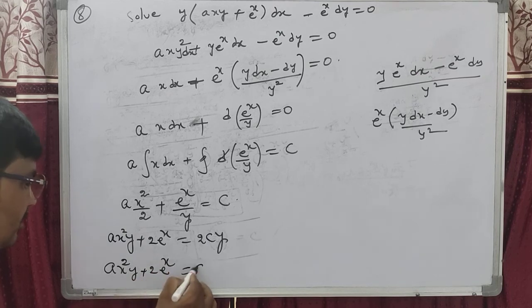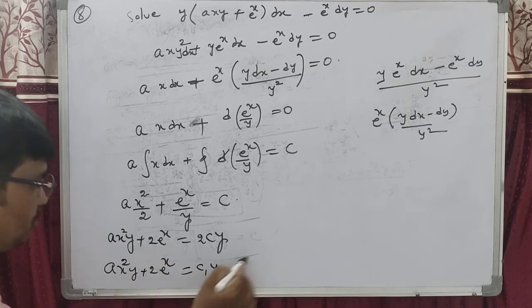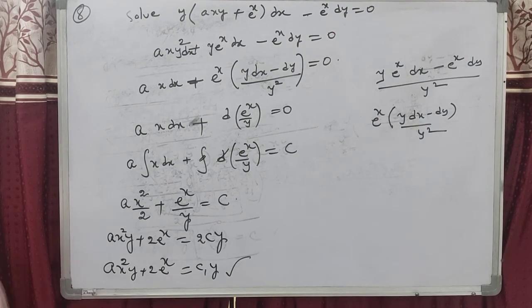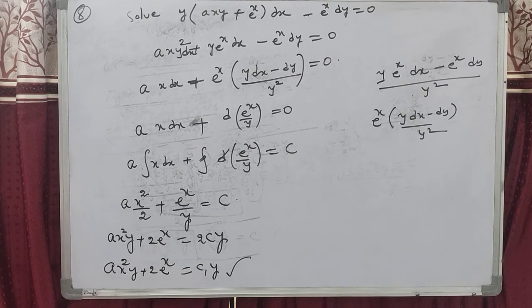The 2c is nothing but some constant. My dear students, this is the solution. Please note this, students: a into x square y plus 2 into e power x equals cy. It is one of the different ones, students. Okay, write down.